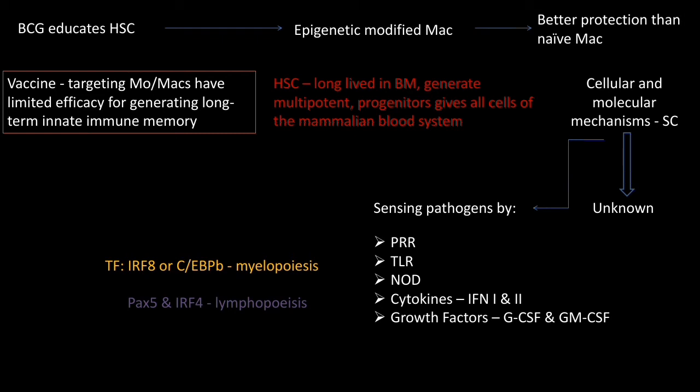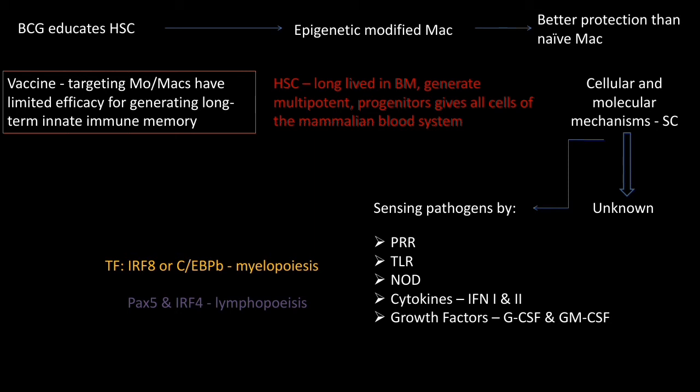In another study, they found that transcription factors like interferon regulatory factor 8 and C/EBP-beta have a role in the initiation of myelopoiesis, and PAX5 and IRF4 have a role in lymphopoiesis. So we can target tuberculosis by understanding these things also.